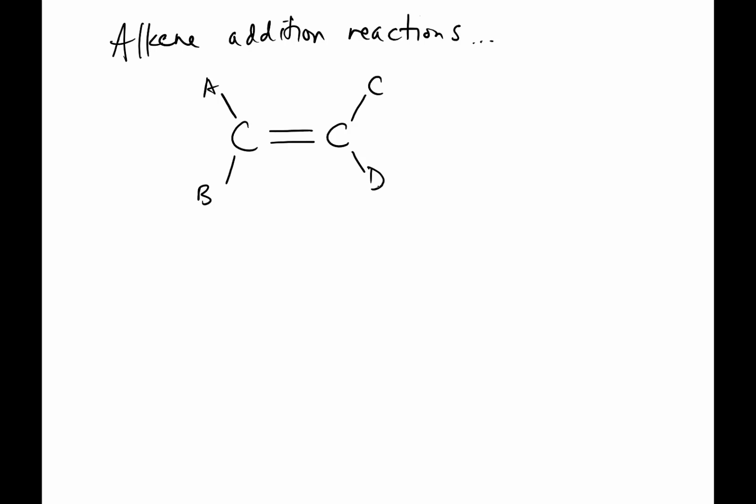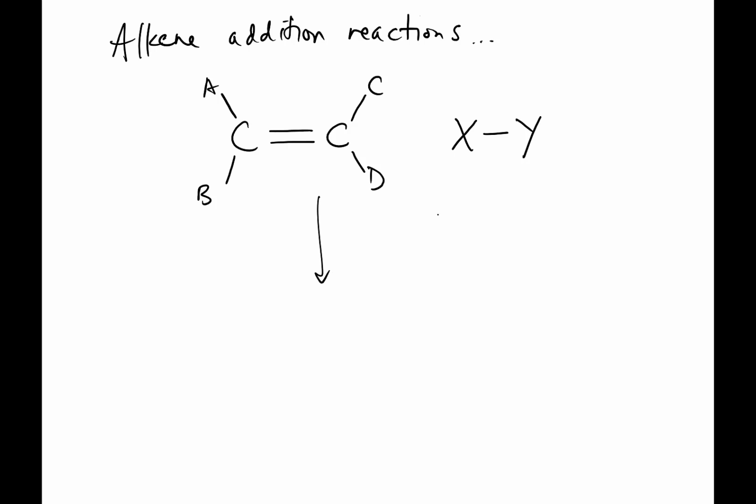We don't care what's there. Alkene addition reactions all have this in common. If we take a reagent, let's just make it generic too, XY, and that's my reaction arrow.